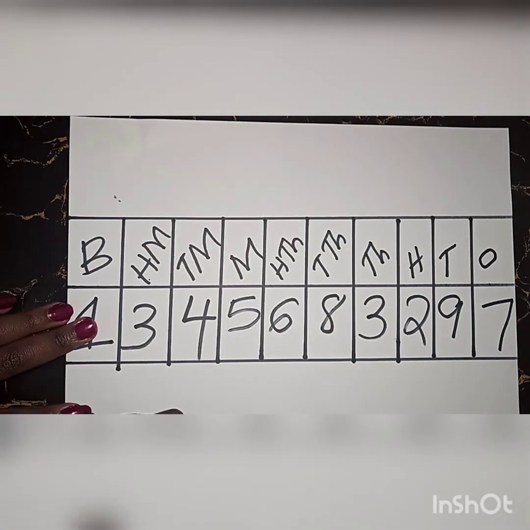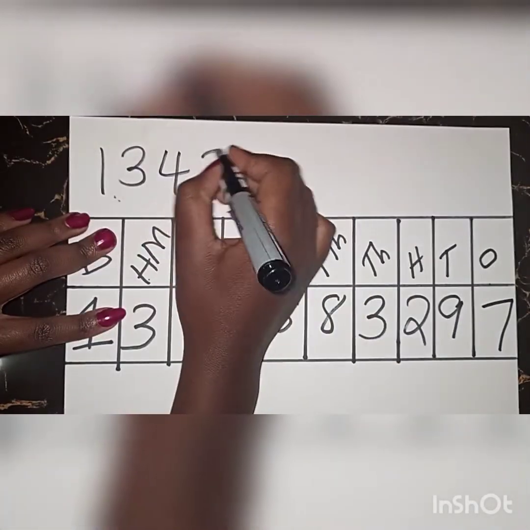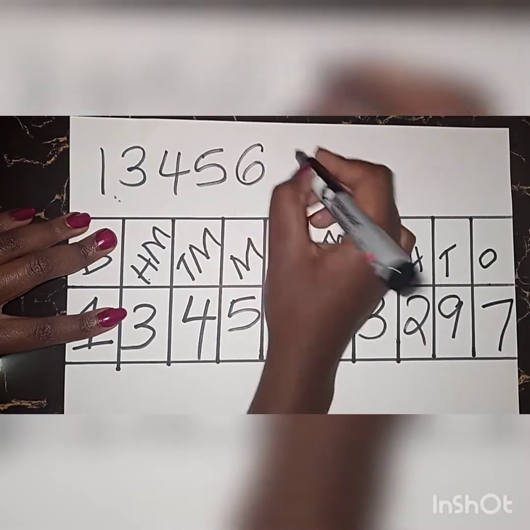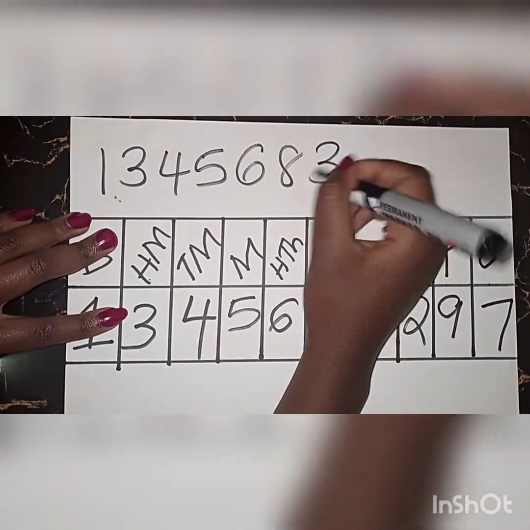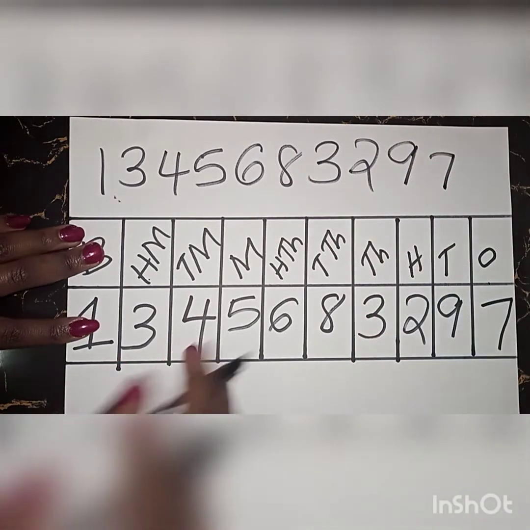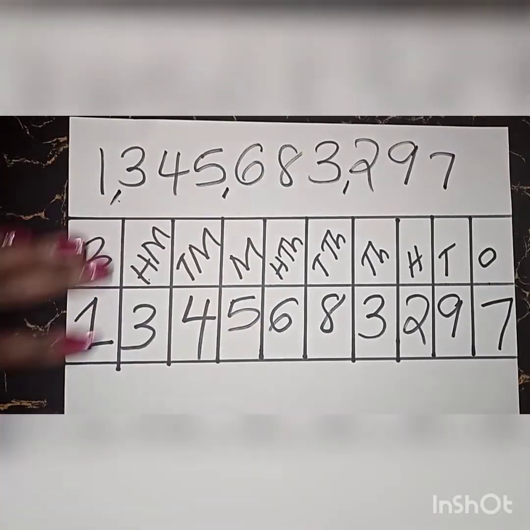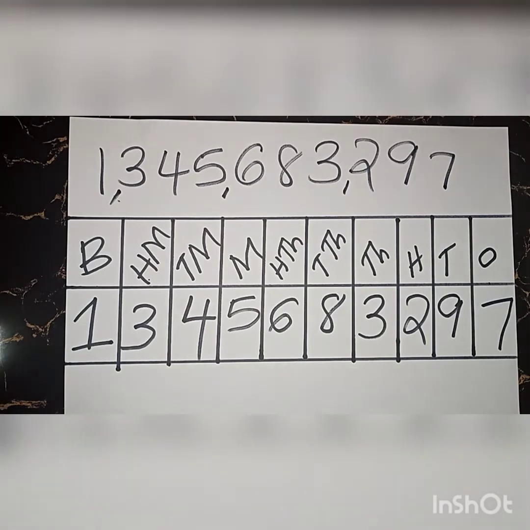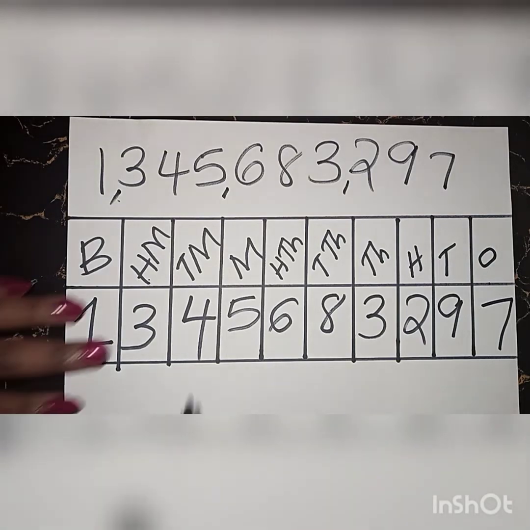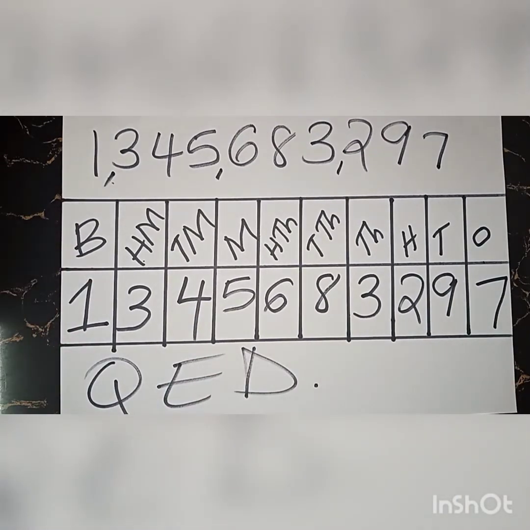So the number is... Don't forget to include the commas. 1, 2, 3, comma, 1, 2, 3, comma, 1, 2, 3, comma, okay? And that is the answer to that question. Just like that, we've answered our question. That was easy, right?